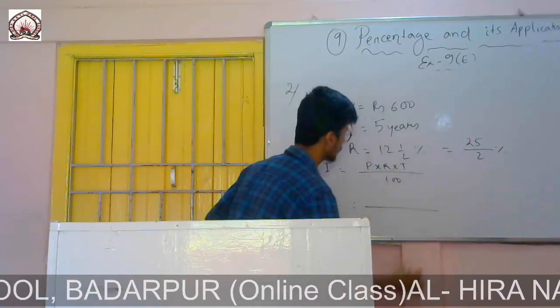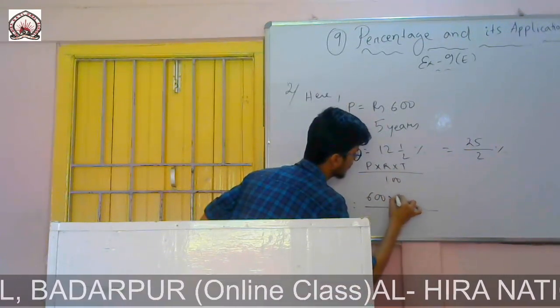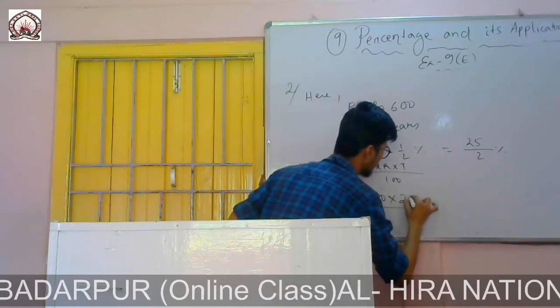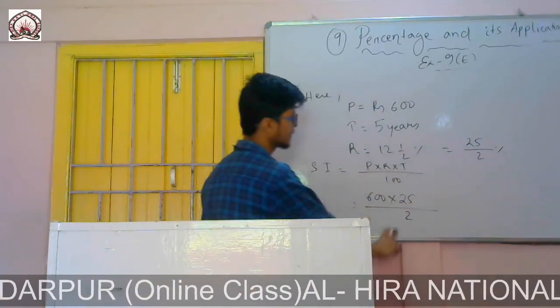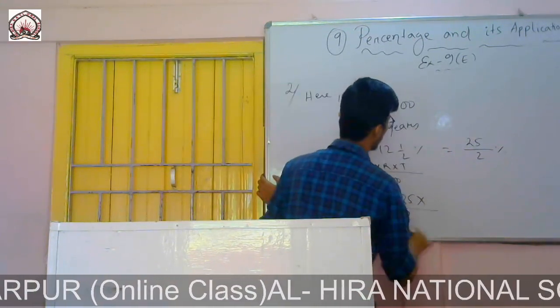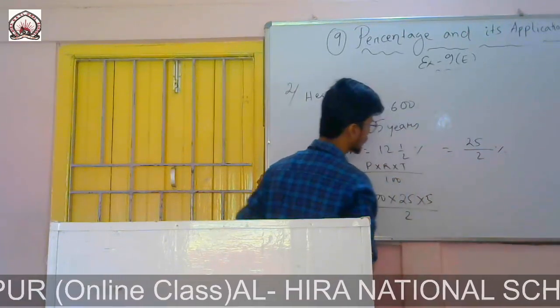Here P is rupees 600, into rate, which is 25/2, and time is 5 years, and you have to divide it by 100.